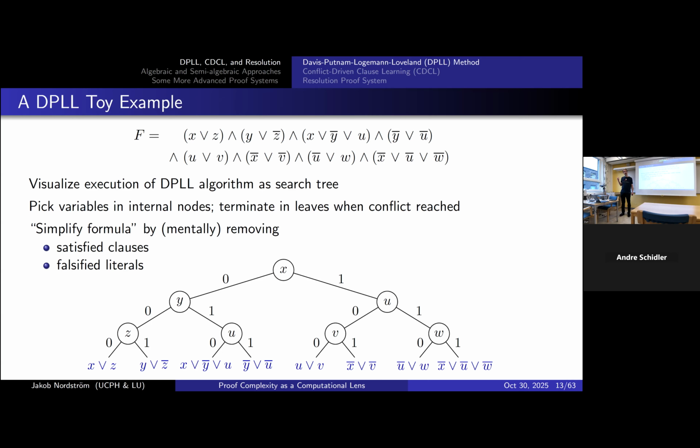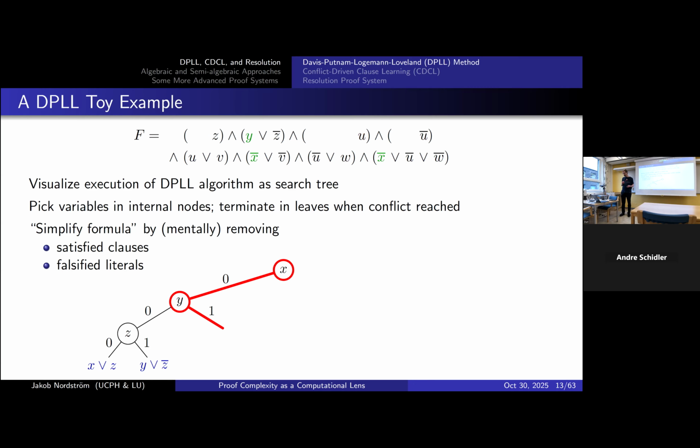This is essentially how SAT solving was done up to somewhere around 1990. Except I didn't tell you how we picked these variables. Are there smarter ways? Incidentally, if you go back here, you will realize that when the formula looks like this, it doesn't seem terribly smart to branch on y.